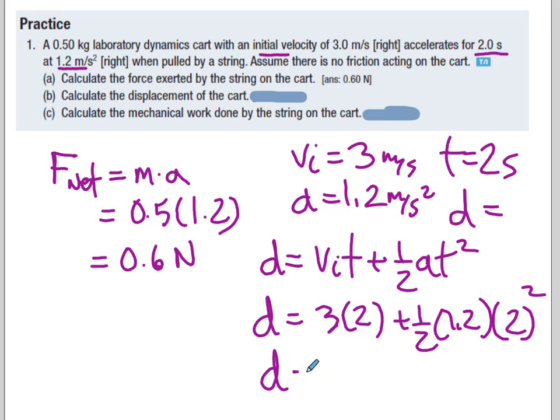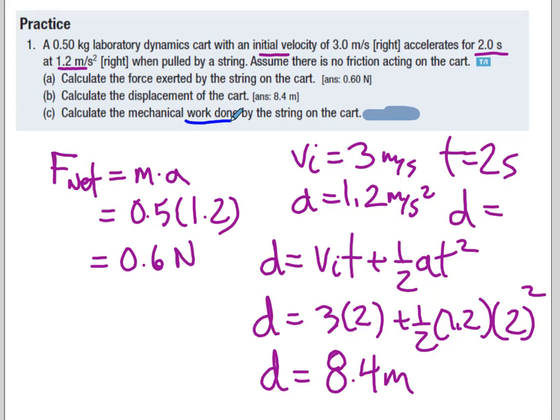I'll just calculate it real quickly here: 6 plus 0.5 times 1.2 times 4. I think I get 8.4. I'll just do a quick check on that. There's my 8.4 meters.